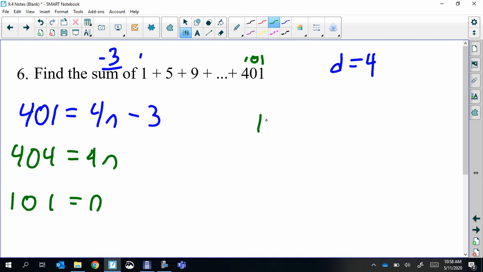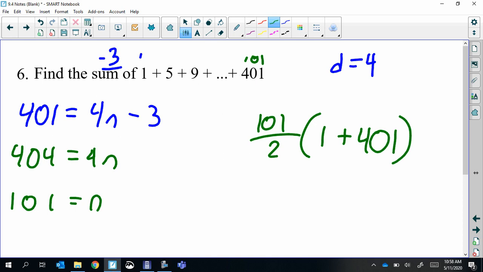We look at n divided by 2 times a1 plus the last number, an. So that's 402 times 101 over 2. And again, you could divide the 2 into either of the numbers if you wanted to simplify it.